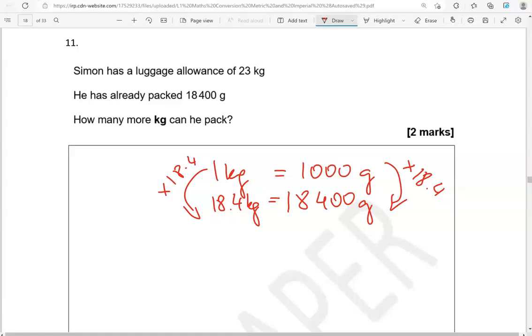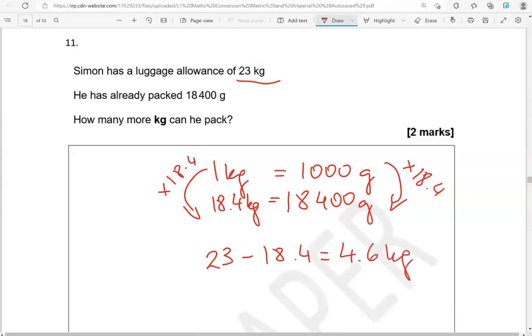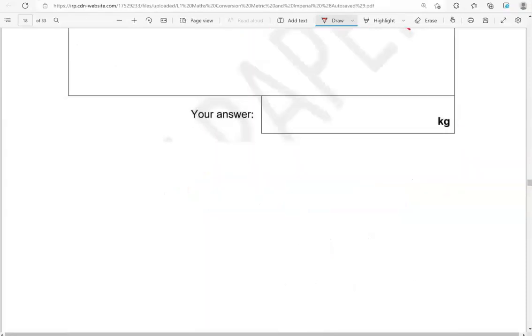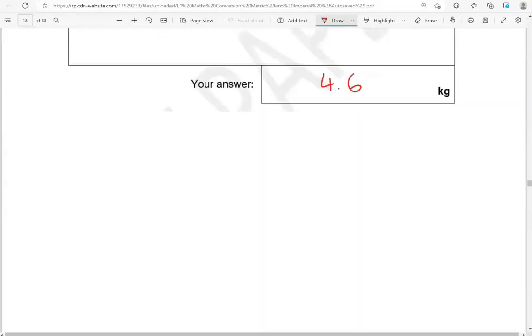And the allowance is 23 kilograms. So 23 take away 18.4 is 4.6 kilograms. So 4.6 kilograms is the answer.